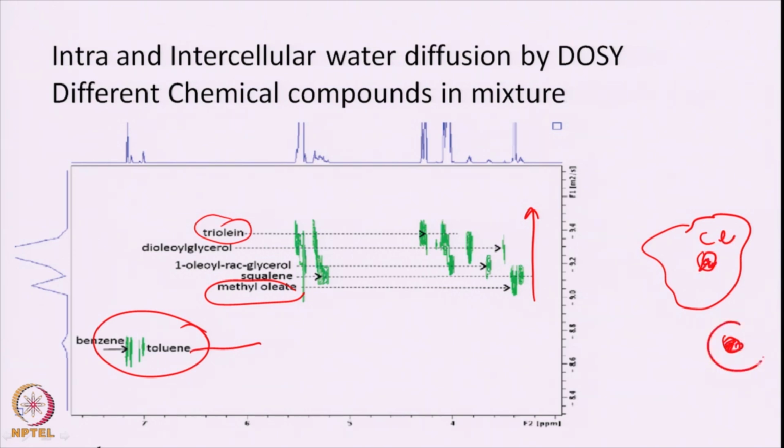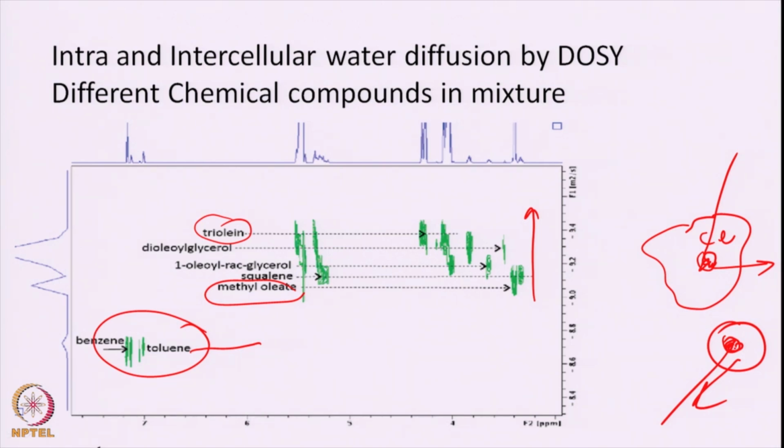The water inside is compartmentalized, so its diffusion will be restricted compared to the water outside. So, by just taking cells and doing a diffusion experiment, you can get two diffusion rates, one coming from the free water and one coming from the cellular water, and you can tell which is which by looking at the diffusion rate.